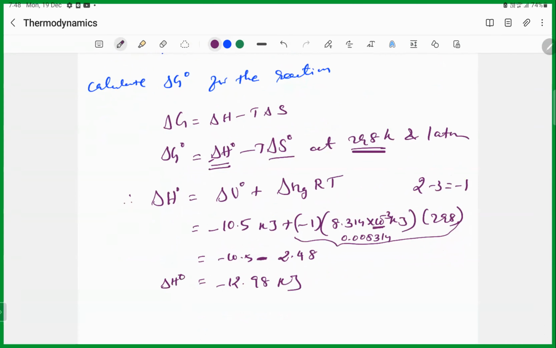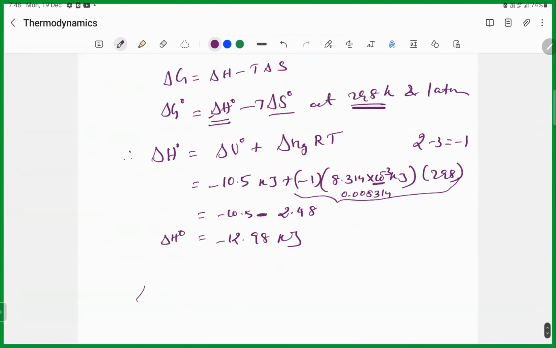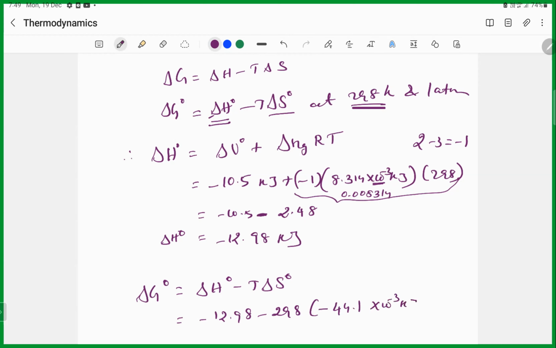Now you calculate delta G0 is equal to delta H0 minus T delta S0. So delta H0 is minus 12.98 minus 298 times minus 44.1 times 10 power minus 3 kilojoule.